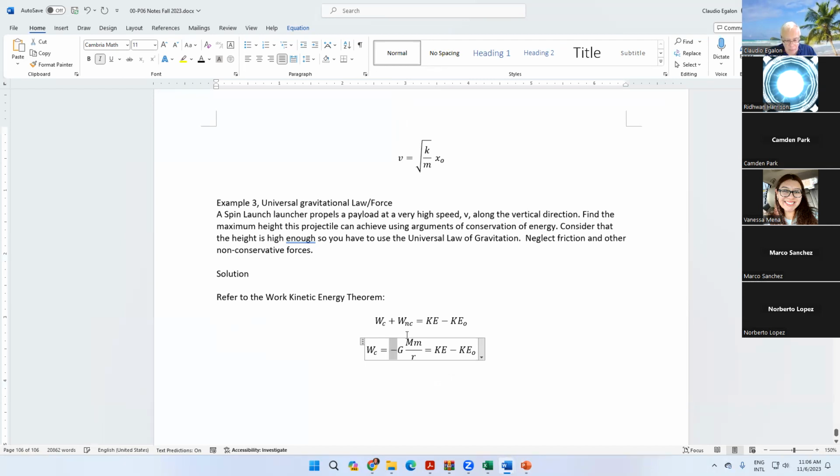Oh yeah, you have to have a positive here. Don't forget, the work done by the force has to be minus the change in potential energy. So it has to be minus right in here.